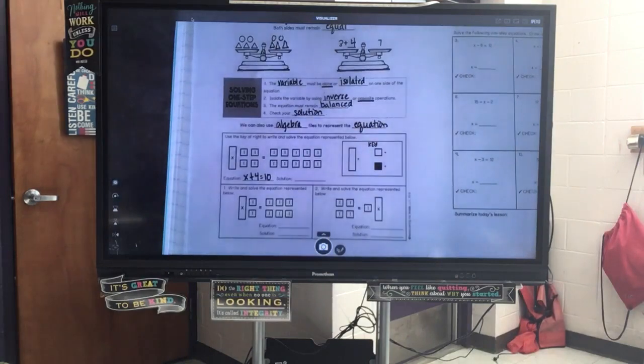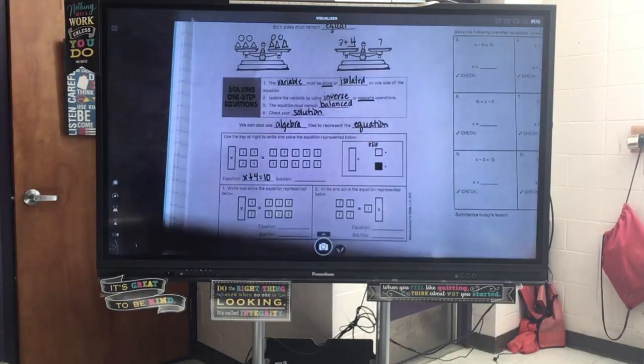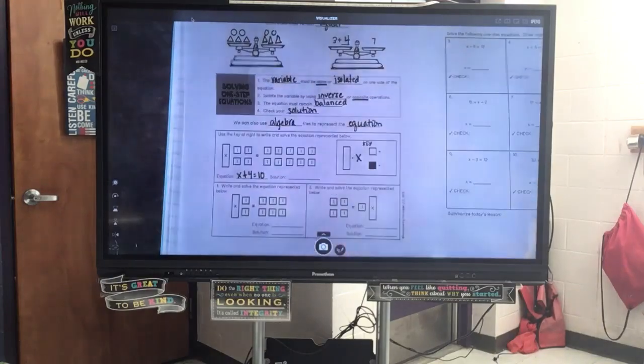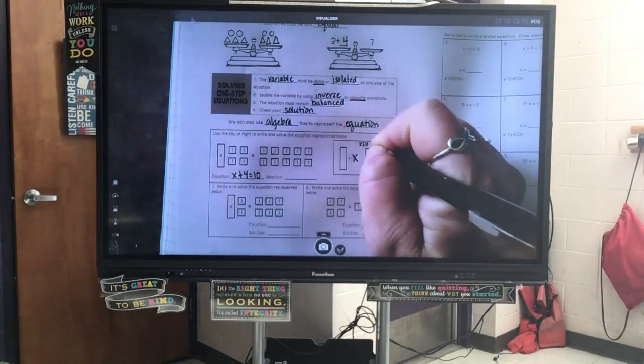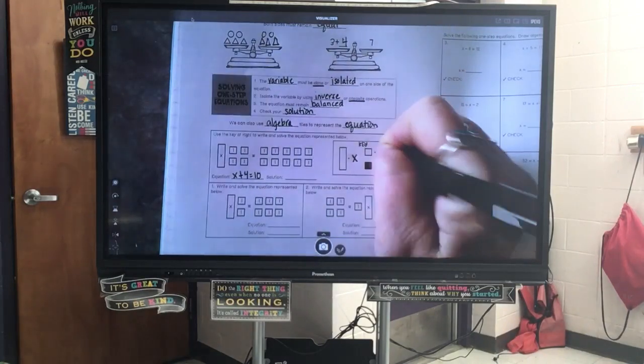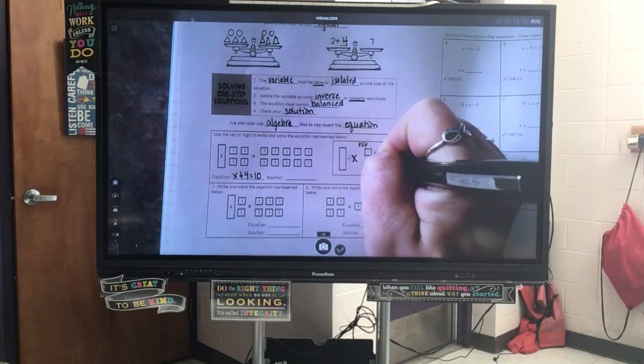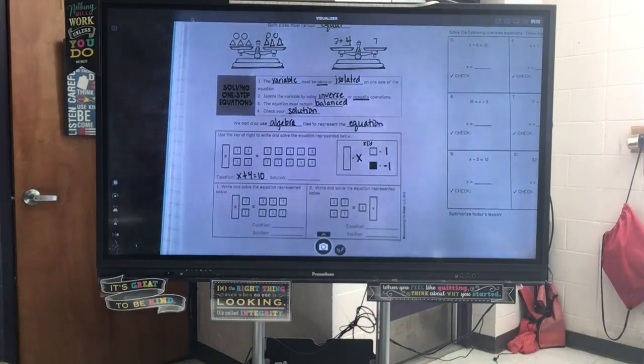We don't know what X is, that's the big tile. So over here, you just need to write X equals your tile. The white block is just a positive one, and then the dark block is gonna be a negative. Okay? But we don't have a negative one in this one, so you don't have to worry about that.